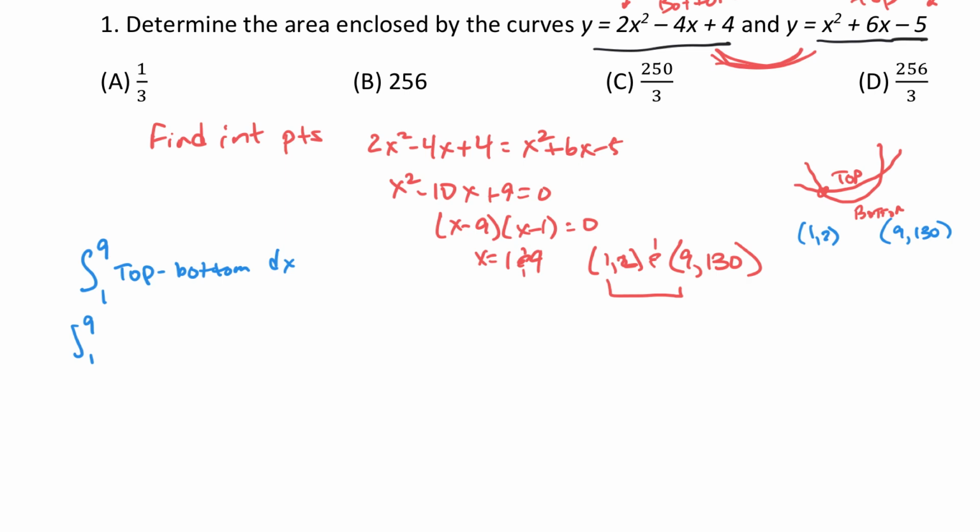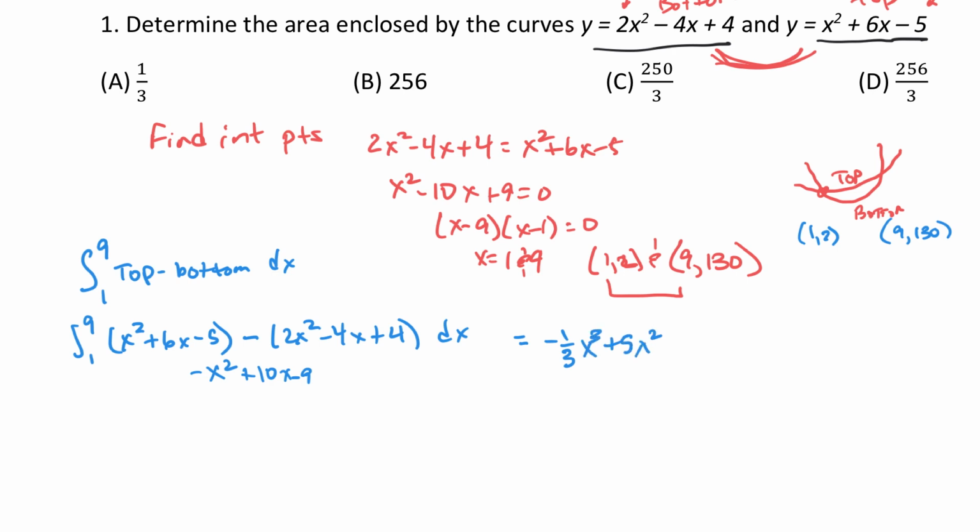The top curve in this case is going to be negative x squared plus 6x minus 5, minus the bottom curve, which is 2x squared minus 4x plus 4, dx. Now, cleaning this up, this ends up being negative 3x squared plus 10x minus 9. So when I integrate, I will get negative x cubed plus 5x squared minus 9x on the bounds from 1 to 9.